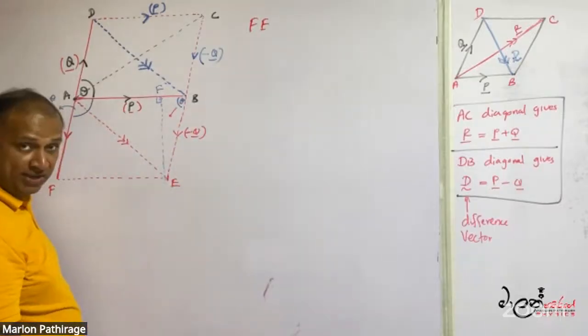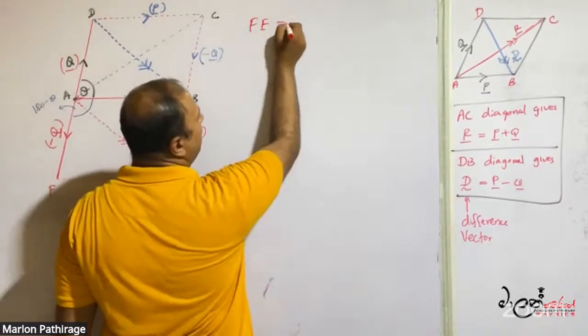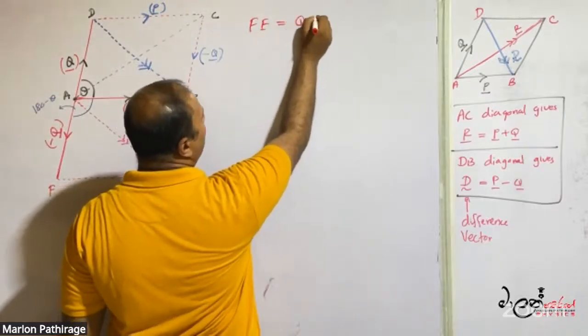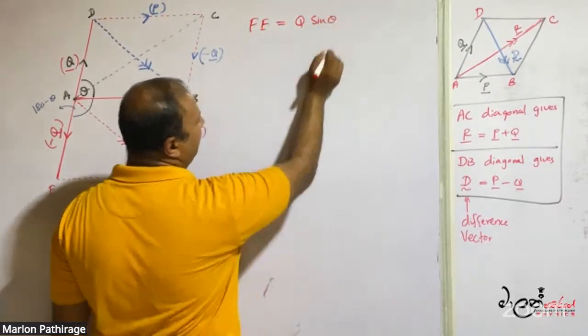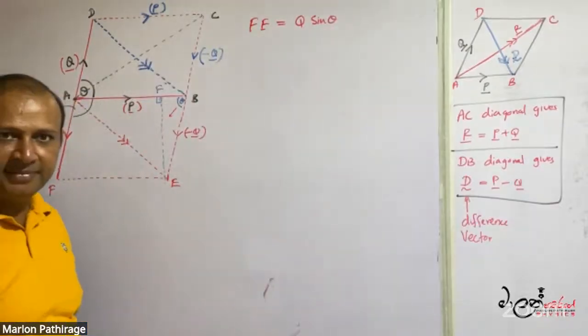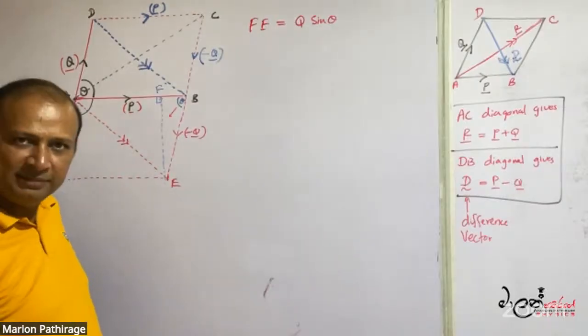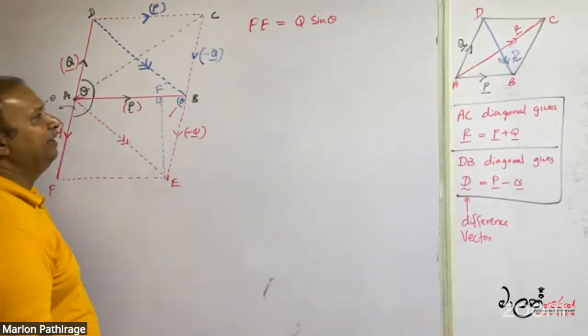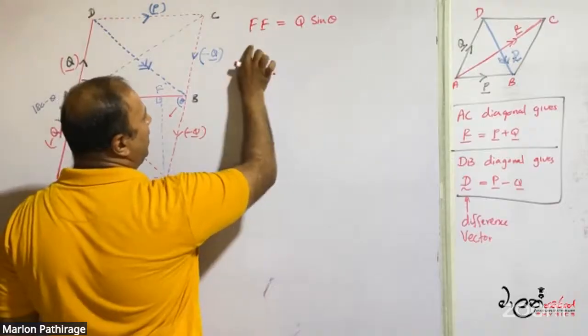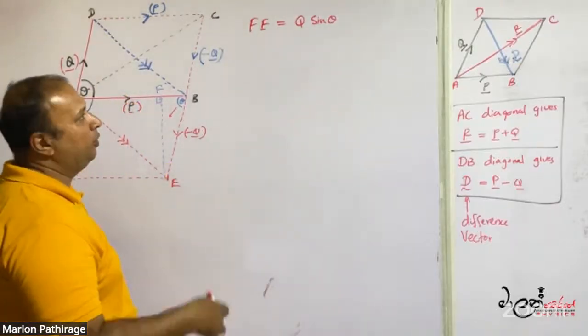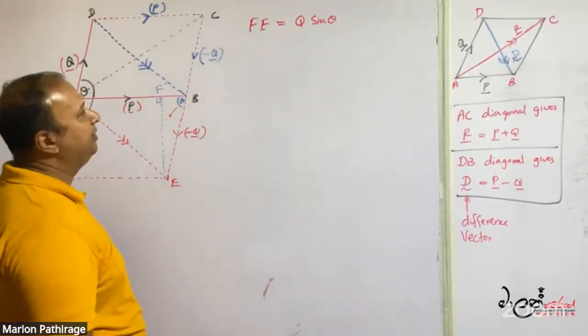Hypotenuse means Q, so Q into sine theta. It is opposite side over hypotenuse, which is sine theta.